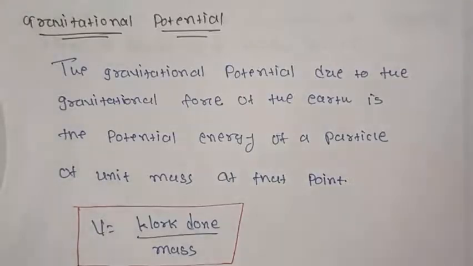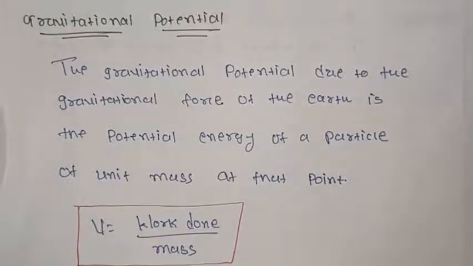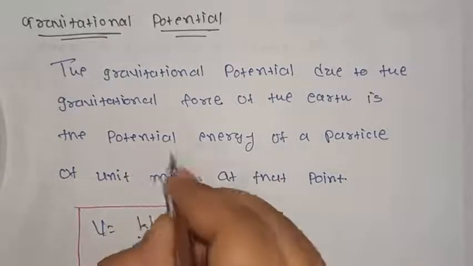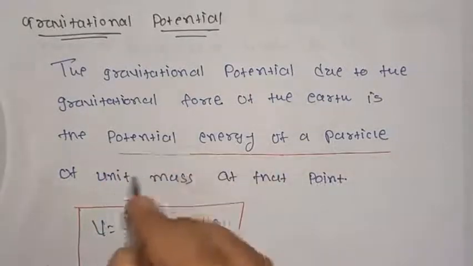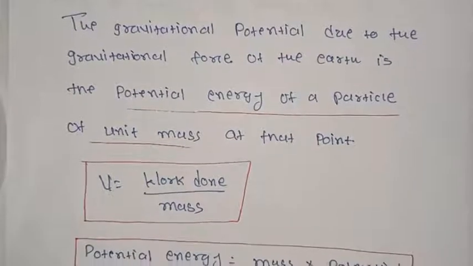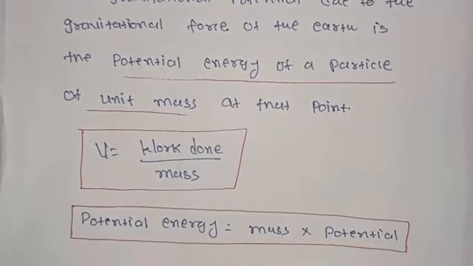Now, what is gravitational potential? The gravitational potential due to the gravitational force of Earth is the potential energy of a particle per unit mass. So basically, it is the potential energy per unit mass. We can say that change in potential energy is equal to work done.